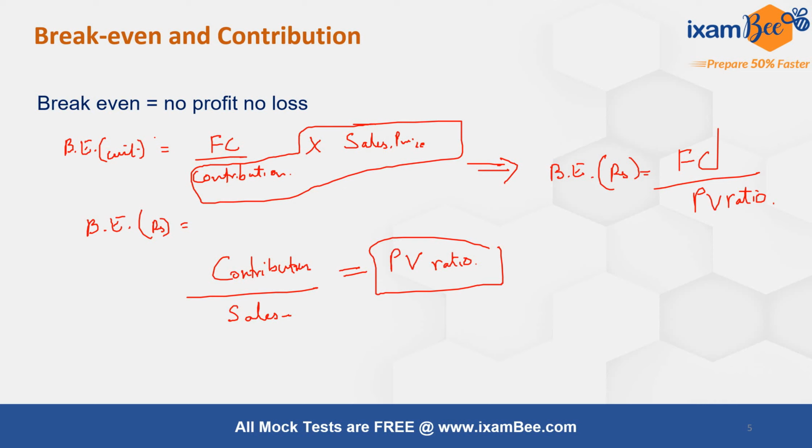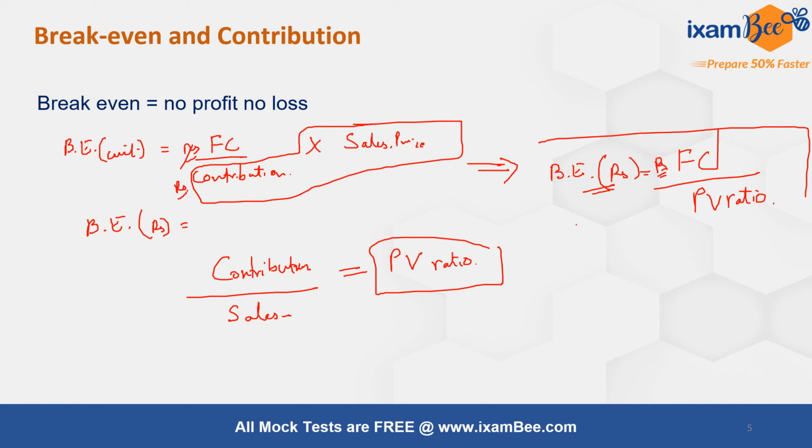So if I have to calculate my break-even sales in unit terms, I divide my fixed cost by my contribution, where both are in rupee figures, the rupee figures cancel out and give me the number in units. Similarly, when I have to calculate in rupee terms, I have my fixed cost given in rupee form, and then I have the PV ratio, which gives me the actual answer in rupee terms.